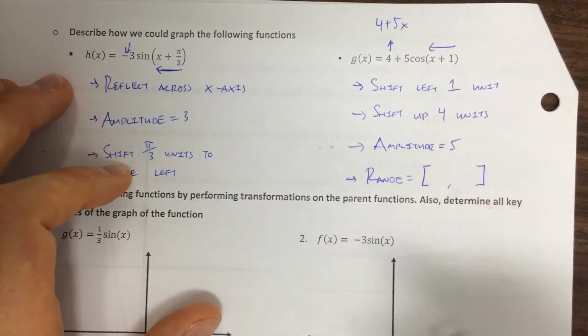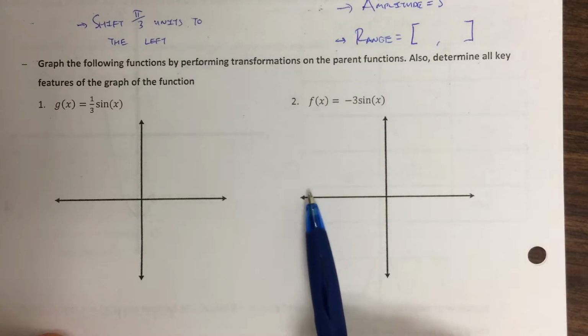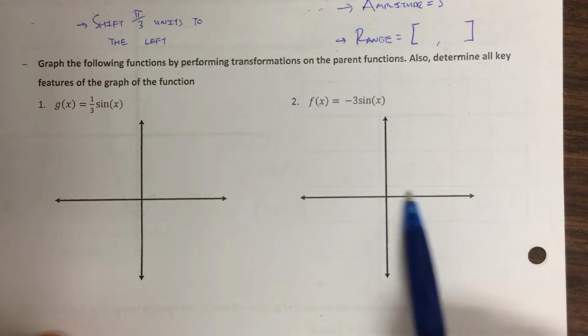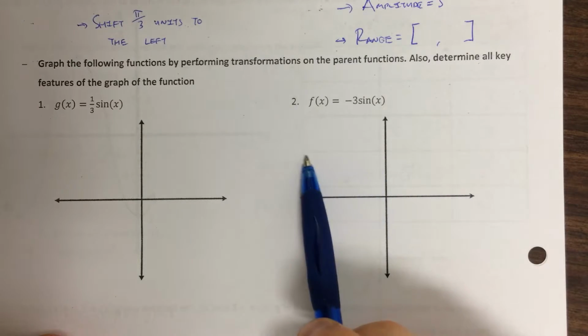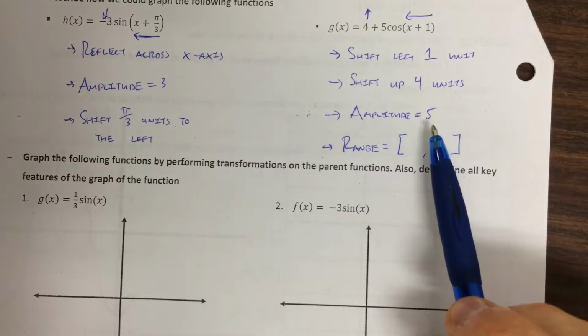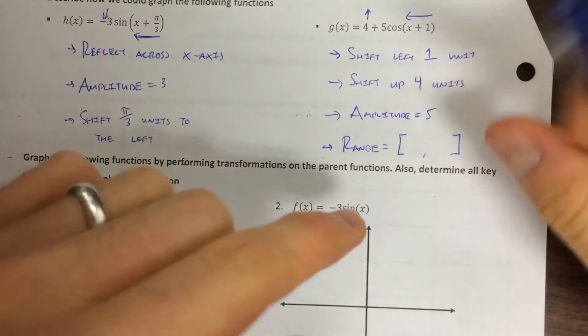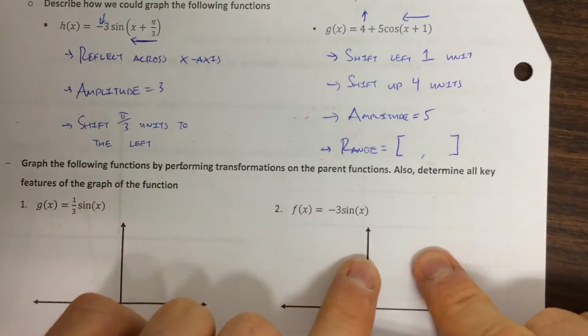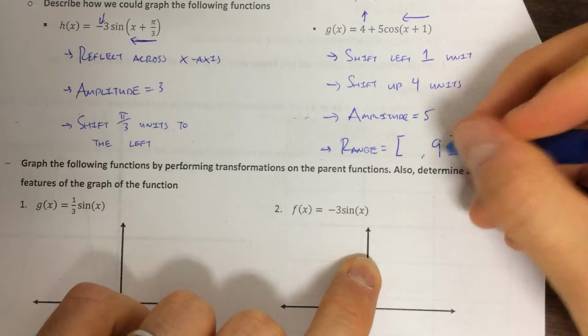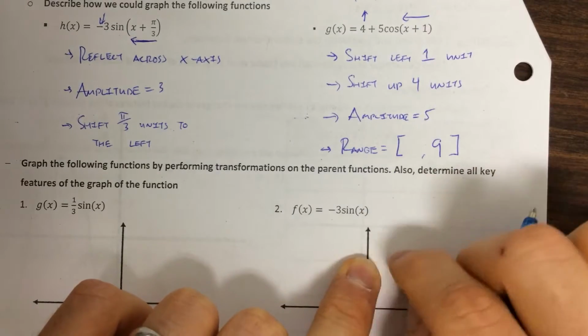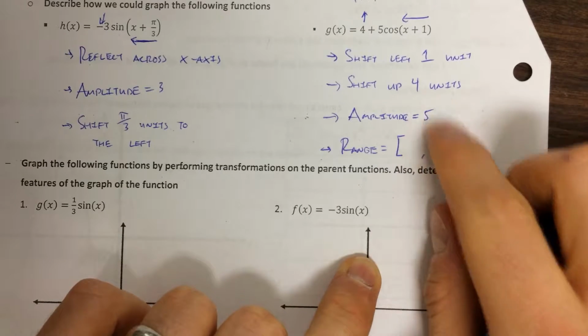If you think about the center of our parent function, it is here at 0. We shift it up 4 units, so all visualization right now. And then our amplitude is 5, which means from 4, it's going to go up 5 units. So the highest value it's going to take is 9, because 4 plus 5 is 9.